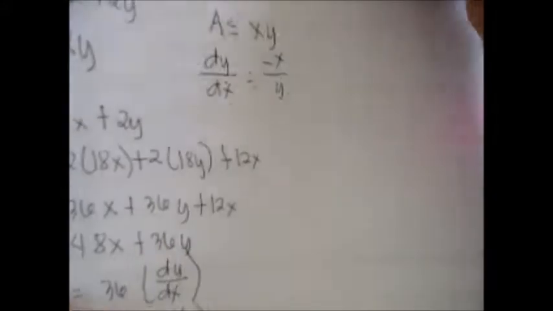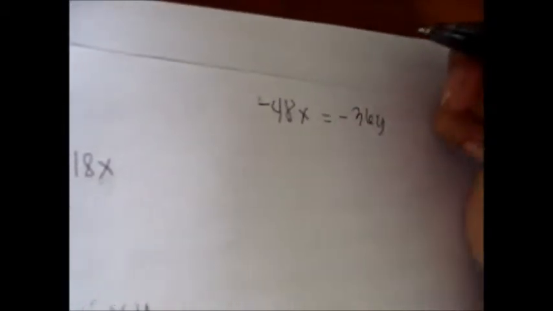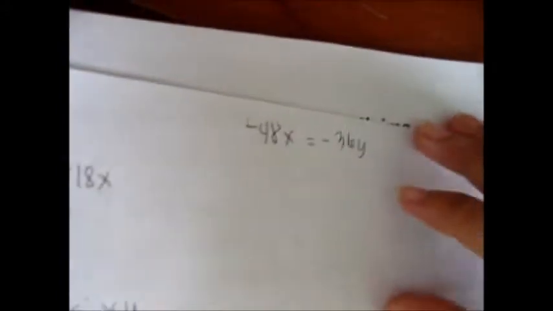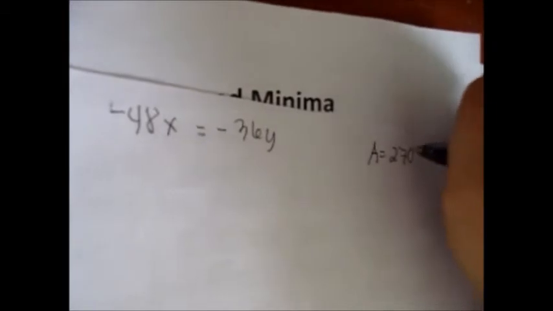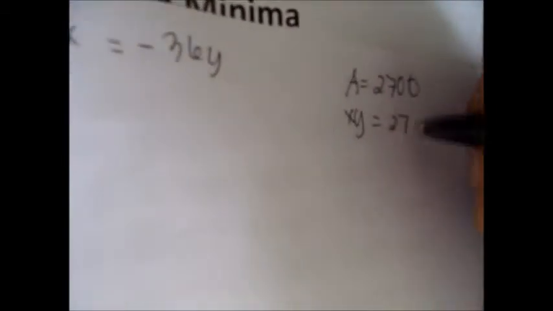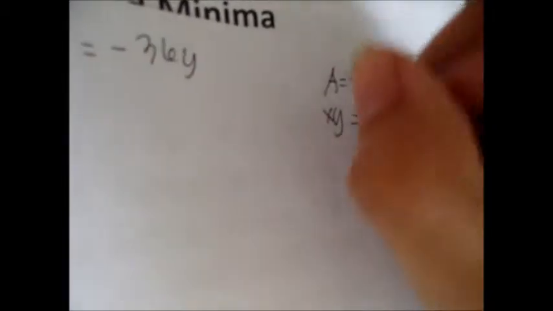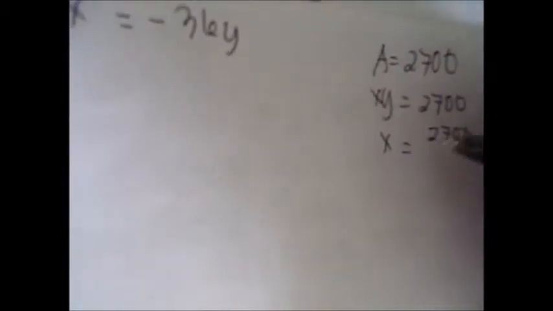Now we have negative 48x is equal to negative 36y. Our A is equal to 2700, and our xy is also 2700. Then our x is equal to 2700 over y.